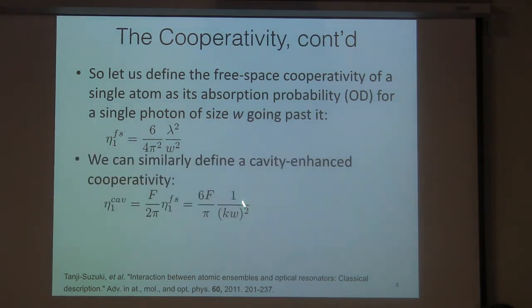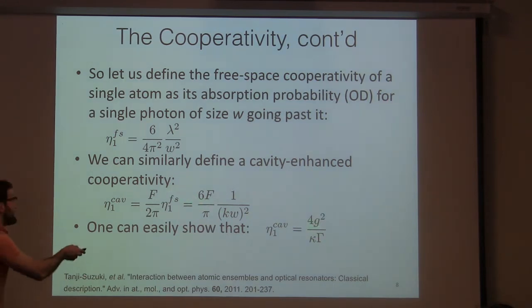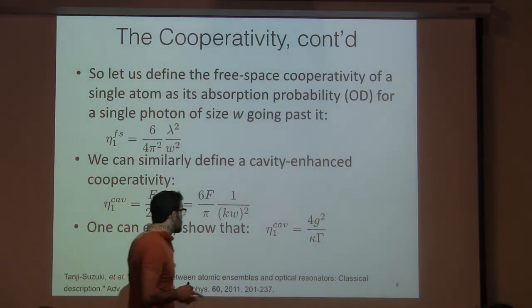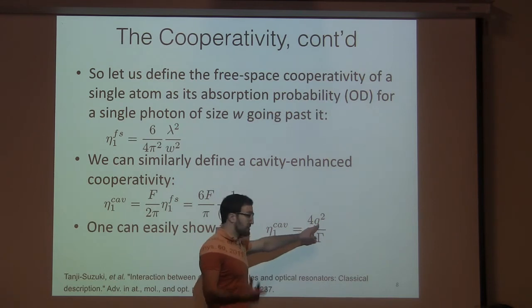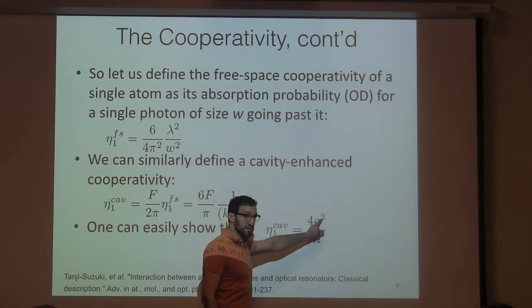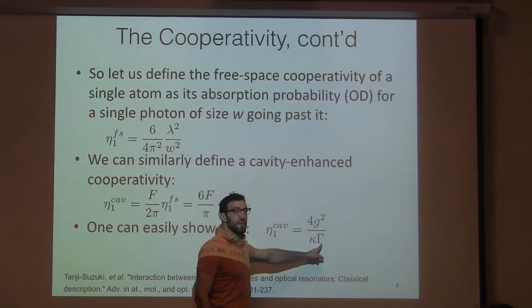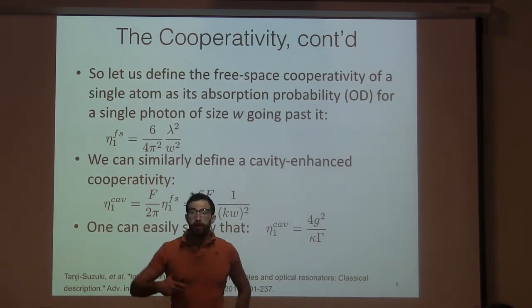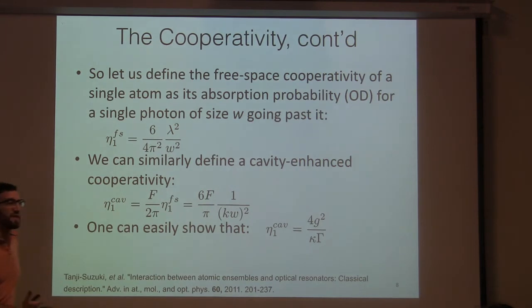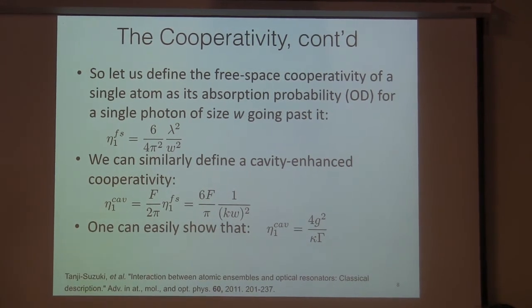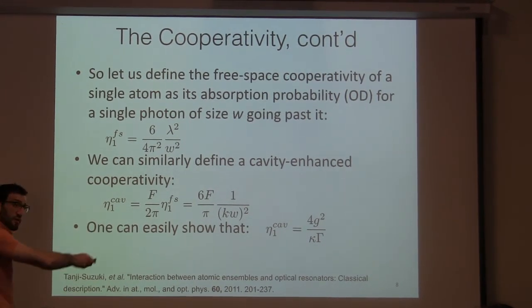If we have a cavity, we get an enhancement by the finesse of the cavity. And it turns out that this is equivalent to the light-matter coupling strength G squared divided by the cavity line width times the atomic line width. Okay? So for those of you who like to think about Jaynes-Cummings physics in this quantum picture, right?